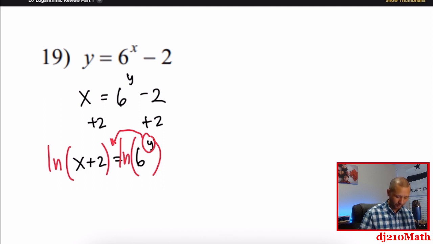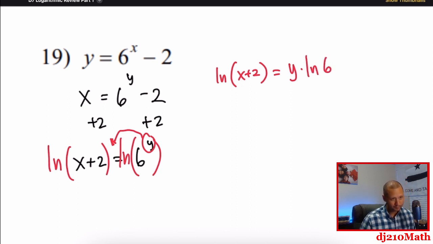So ln of x plus 2 is equal to y times natural log 6. Okay, here, the way we isolate y is we have to divide both sides by ln 6.